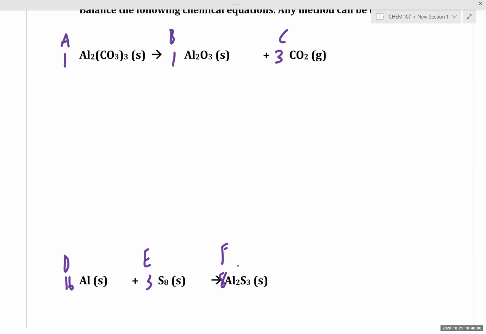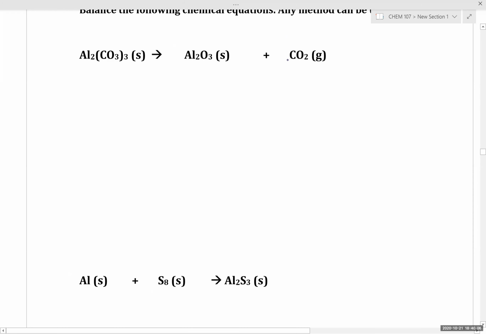Okay, so let's discuss this example. The student proposals look perfectly reasonable. So let's talk about the mechanics behind balancing this equation. So first, we're going to focus on our atom count. So we have 2 aluminum, 3 carbons, and 9 oxygens, remembering the subscript applies to everything in the parentheses. For aluminum oxide, we have 2 aluminum and 3 oxygen.